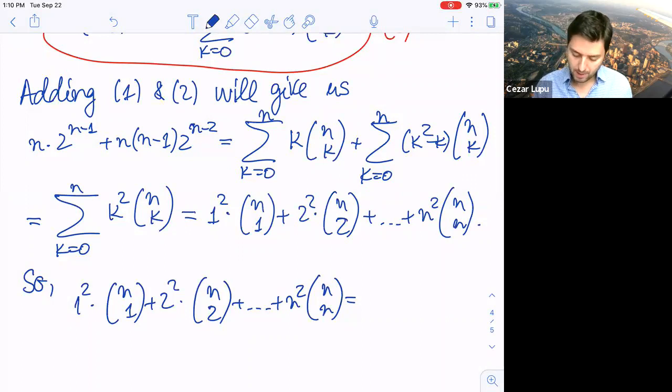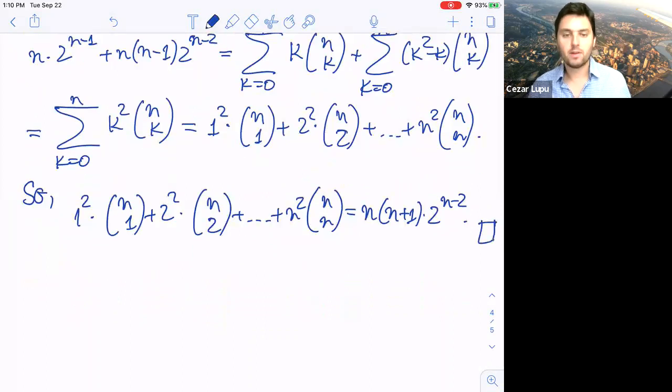This should be n times n plus 1 times 2 to the n minus 2. Yes, 2 to the n minus 2. Please correct me if I'm making some stupid algebra mistake, but probably not. And that's it. So that's one way to derive this kind of identity. Is it clear for everybody? So it wasn't a big deal.